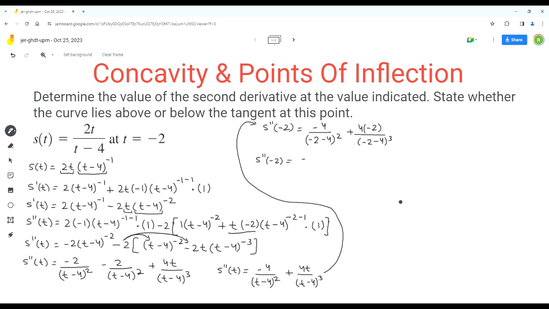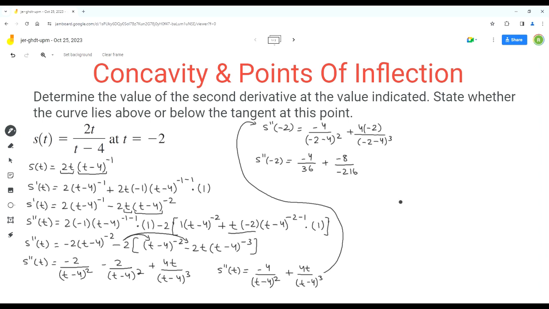So the numerator will stay the same in the first fraction, and in the denominator we can do negative 2 minus 4, which is negative 6, and the square of negative 6 is positive 36. And in the second fraction, 4 times negative 2 is negative 8 over, now in the denominator, negative 2 minus 4 is negative 6, and negative 6 to the power 3 is negative 216.